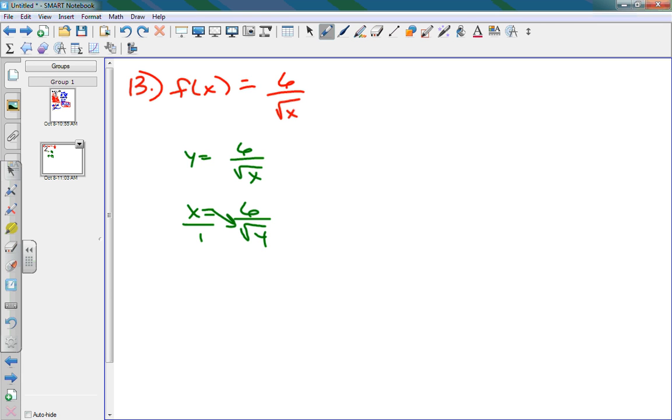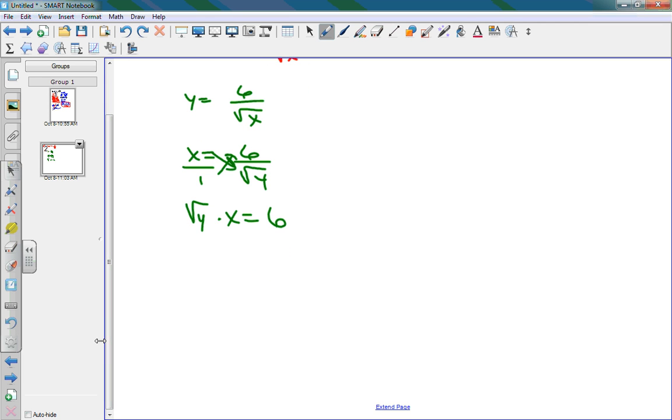What am I solving for? I'm solving for y. So what's attached to the y that I need to get rid of? Nope, not yet. I need to get rid of that x times. So how do I get rid of it? Divide by x. So I have the square root of y is equal to 6 over x.